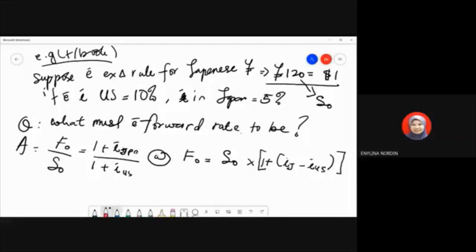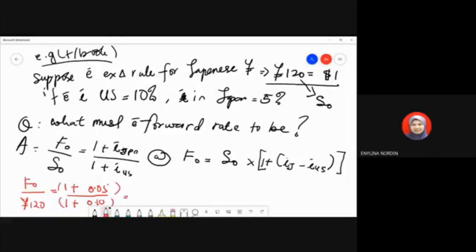If you use the original formula, F0 equals 120 yen times 1 plus the interest rate in Japan, 0.05, divided by 1 plus the interest rate in the US, 0.1.